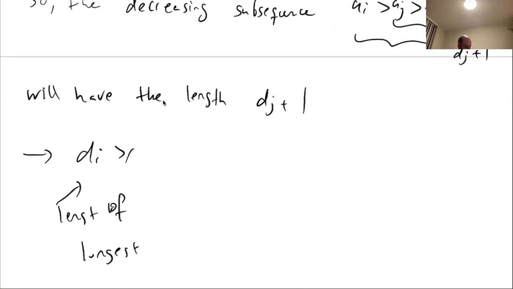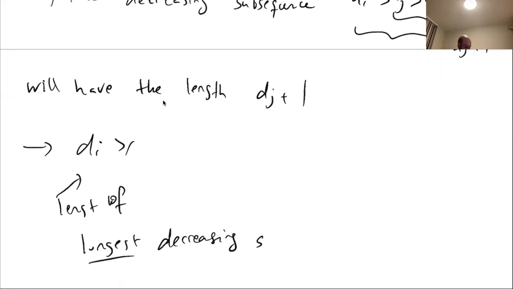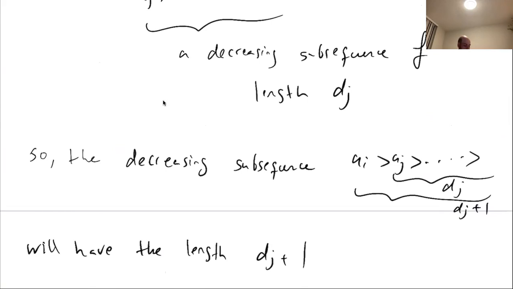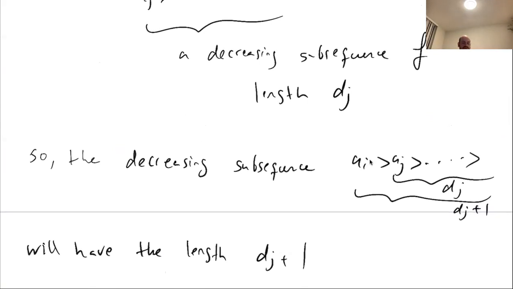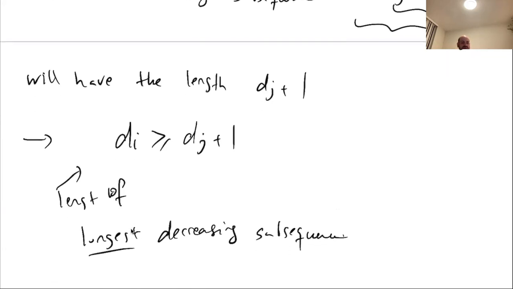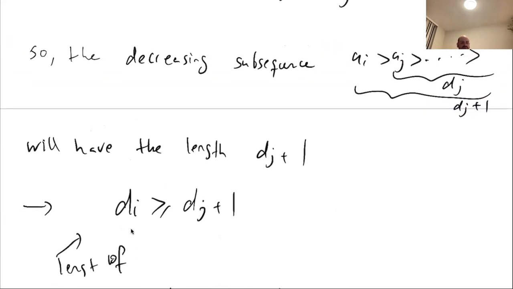So that means DI, which is the length of longest decreasing subsequence, will have the length bigger than or equal to DJ plus 1. I already found one decreasing subsequence of length DJ plus 1 starting from AI. But DI by definition is the length of longest decreasing subsequence starting from AI.